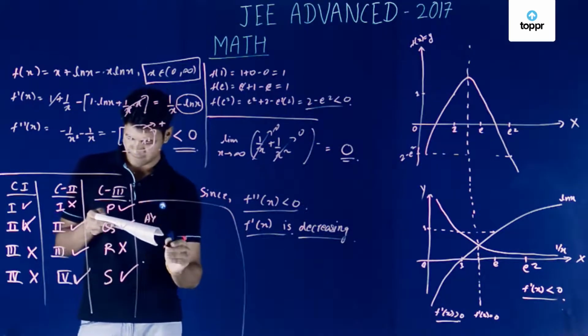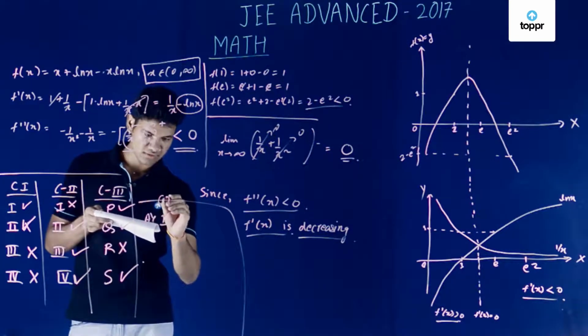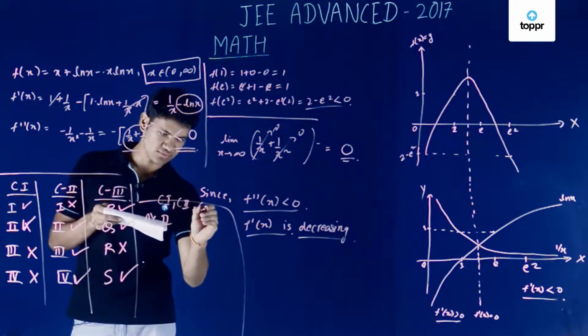Now the options: column 1, column 2, column 3.